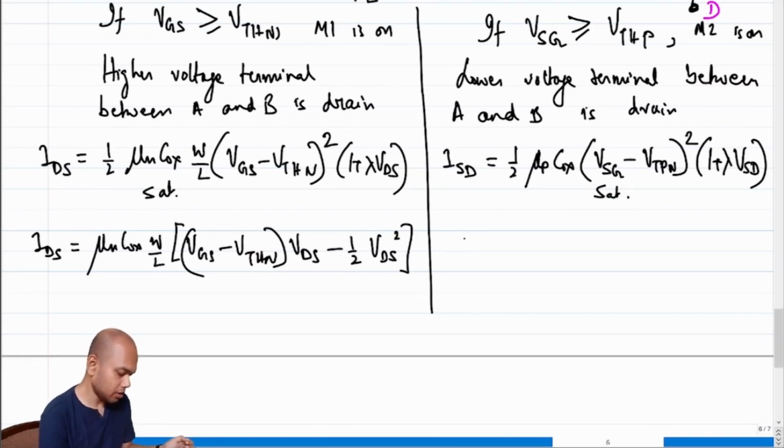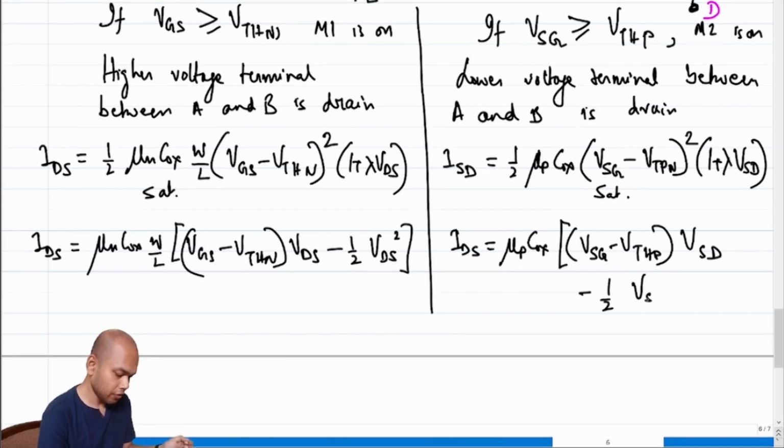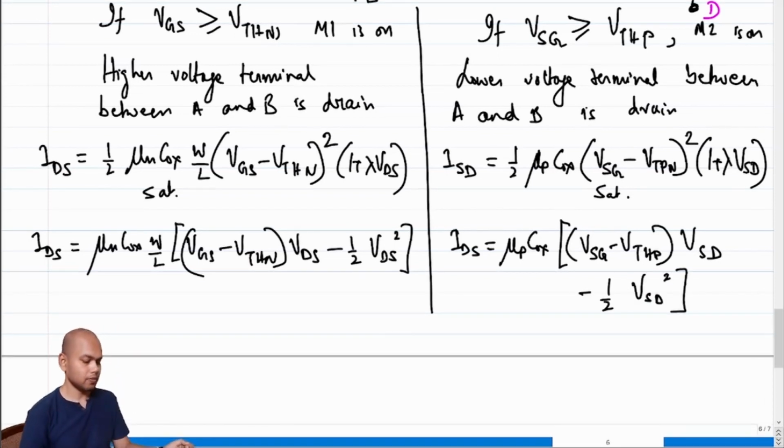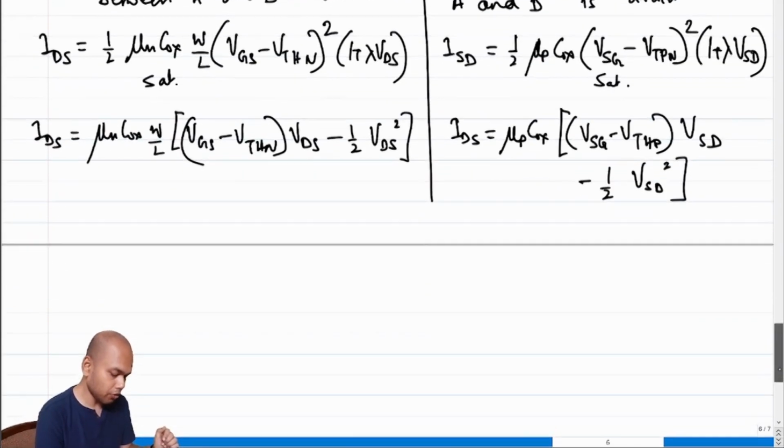In case of a PMOS, it will be ISD equal to mu p Cox times (VSG minus threshold voltage) times VSD minus half VSD squared, right?